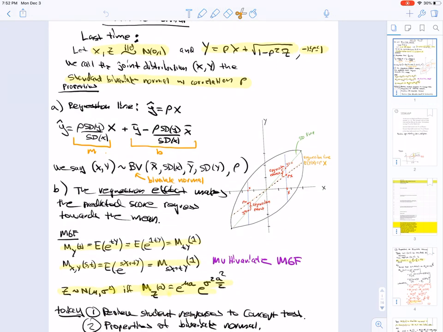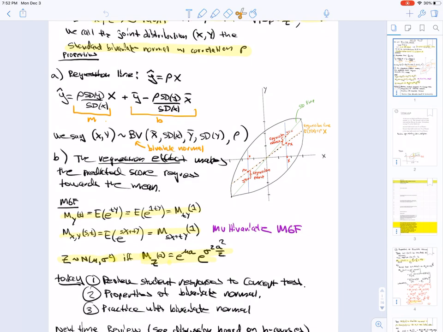So we say that (X, Y) is bivariate normal. Notice that it has 5 parameters to determine that line. The regression effect was another thing we learned, which makes the predicted scores regress towards the mean, that is, the mean of y.